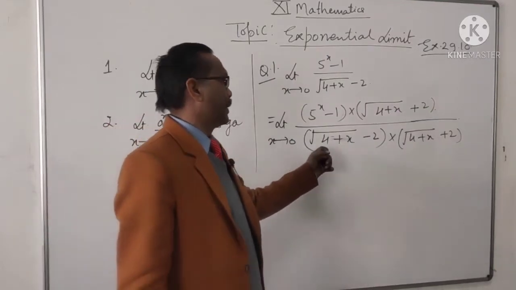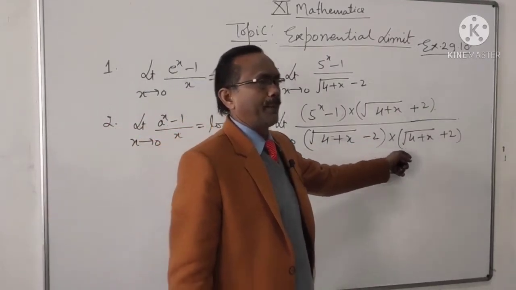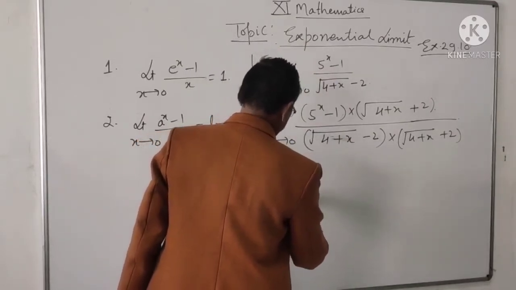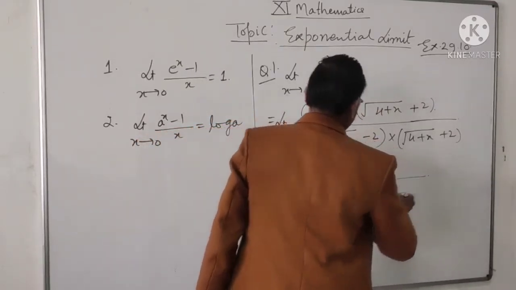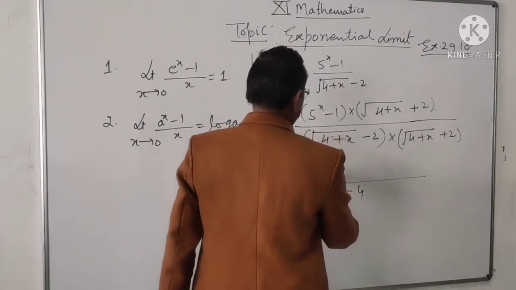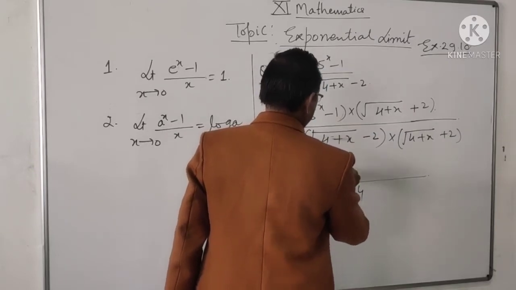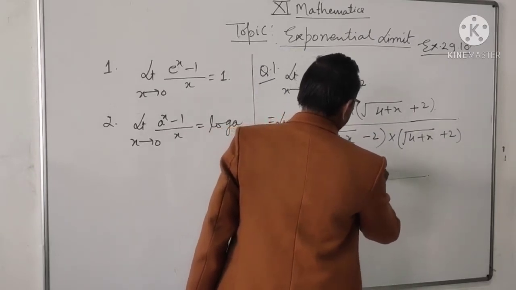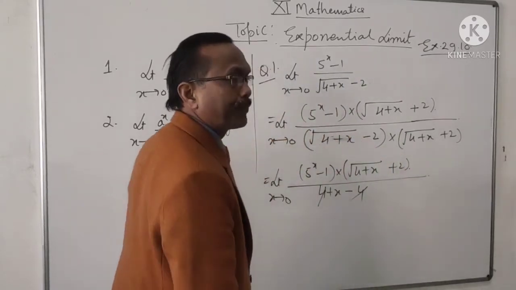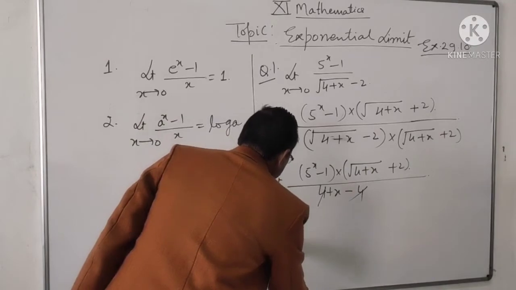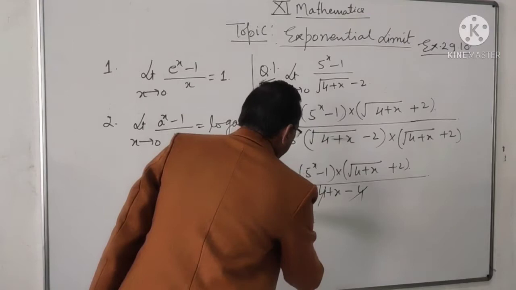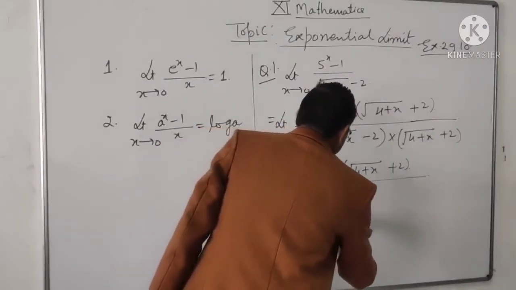The denominator makes the formula a minus b into a plus b, so it is a square minus b square. It is 4 plus x minus 4, which is x. So we get 5 power x minus 1 into root 4 plus x plus 2 upon x. Now, limit x tends to 0, 5 power x minus 1 upon x is a standard limit.